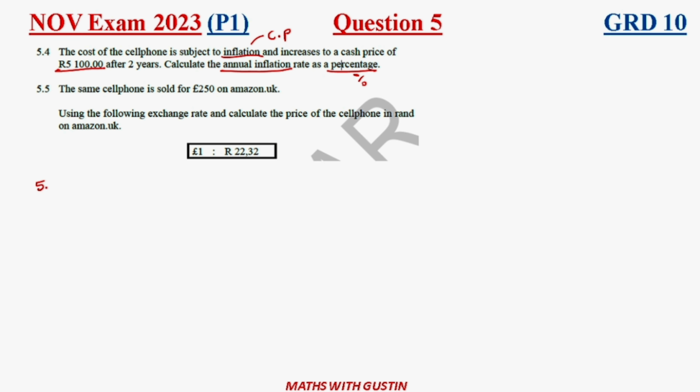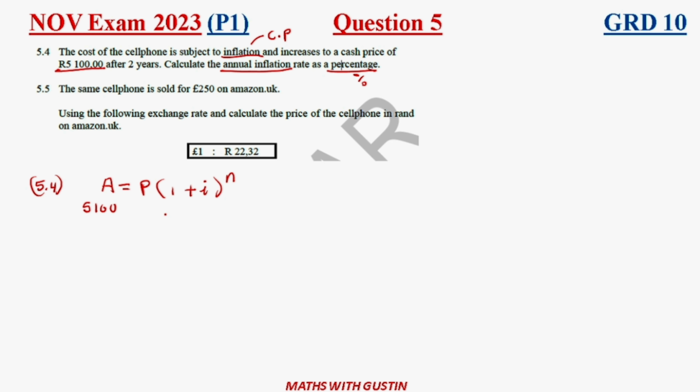All right, 5.4. Remember, now when they say inflation, you must use compound interest, because now they are referring to the inflation. Compound interest is equal to A = P(1 + i)^n. So in this case, what are they saying? They are saying the final amount is 5,100.